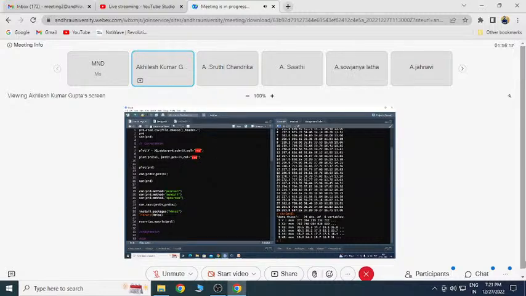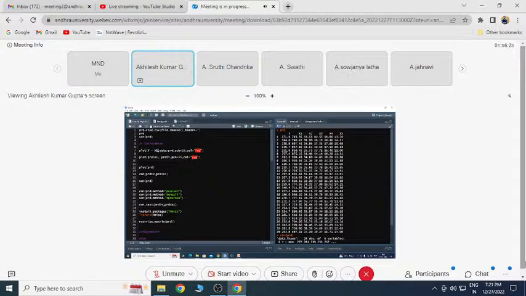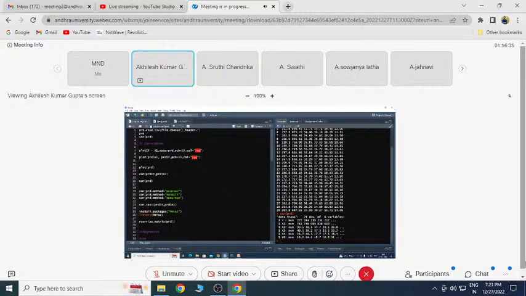So I have written this for plotting y is dependent on x1, and I have to take the data points from where I will get the y and x values. I will get the y and x values from my PRD. So I have given data equal to PRD, and these things mean a little bit of detail. You will have to go to the graphics of R. You will get some idea.